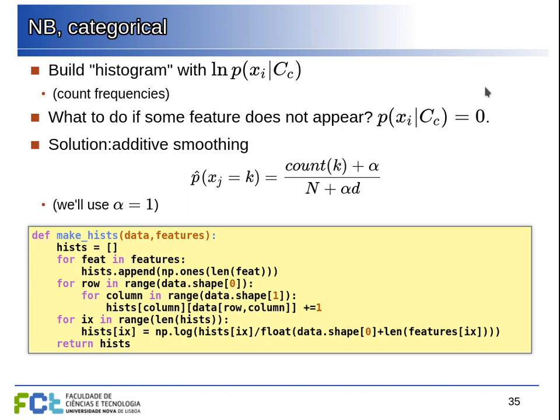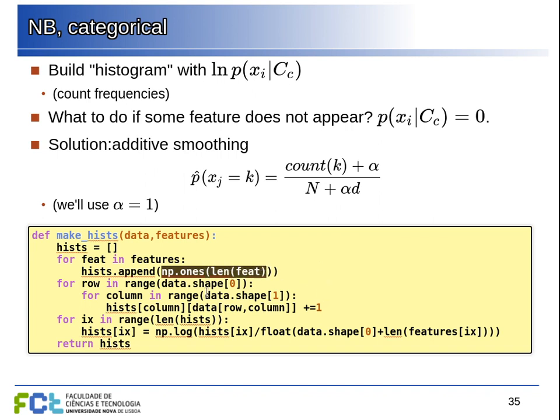So to avoid that, we can use additive smoothing, which prevents these zeros from appearing. So this basically consists in adding to the count of the value of some feature in this class one constant here, alpha, and then when we normalize by the frequency, we divide by the number of examples plus this constant multiplied by the different possible values on the feature that we are looking at. So if we use alpha equals 1, we are adding 1 to the count, and this is easy to do here by starting the count matrix all at 1.